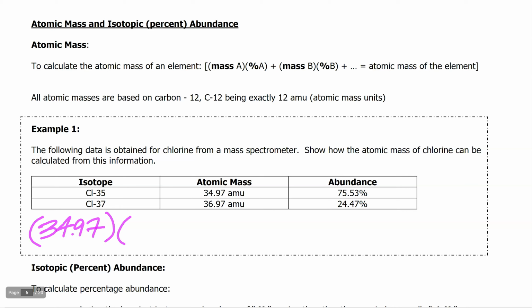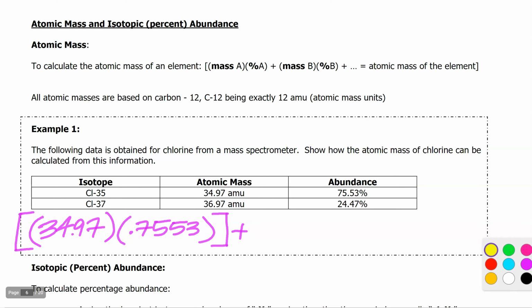So 75%, of course, in your calculator you're going to move the decimal 2 spots to the left, so it's going to be 0.7553. Then we put a bracket around that because we want to do all that on our calculator first. And then we'll add it to our second piece of data, which is the chlorine 37, coming in at 36.97.